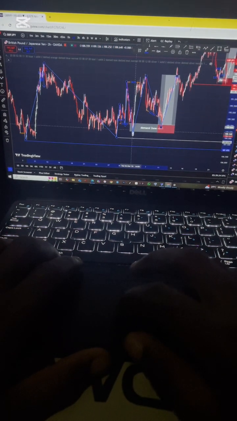Then the market came here, then broke this little zone, creating this high again. The market came back, came all the way up here again, creating another high, before it formed this zone that I took the buy from. After the market formed this zone, it broke this previous high, confirming that this zone is valid. You can see the market came back to our zone and we took our buy, and it went straight to our TP. It's as simple as this, guys.